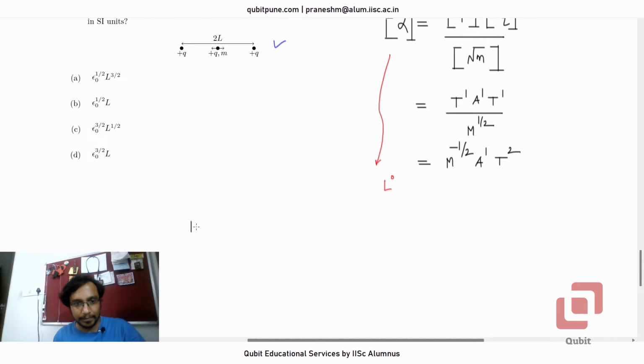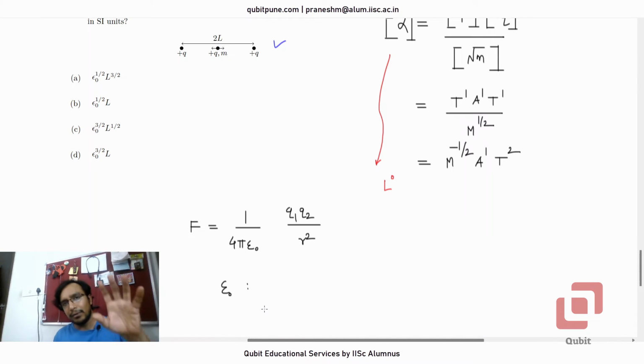F is equal to 1 upon 4 pi epsilon naught q1 q2 upon r squared, right? So for epsilon naught, we will write down only that part which we want. Q1, Q2 definitely do not have any length dimension. R squared does have a length dimension, right?